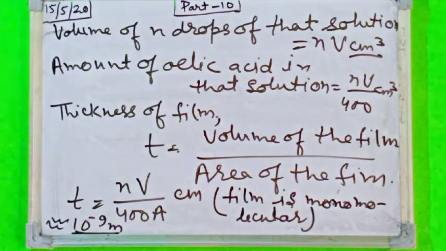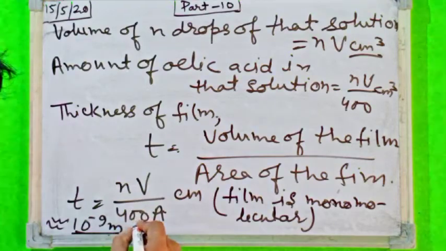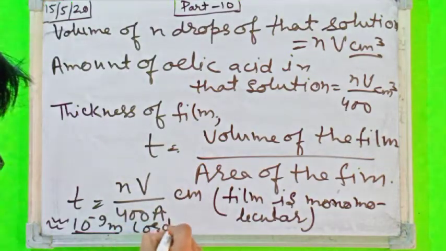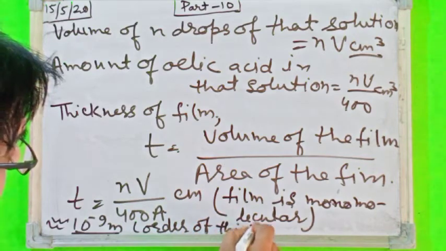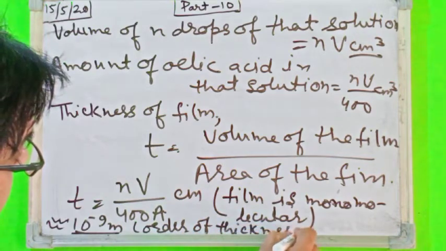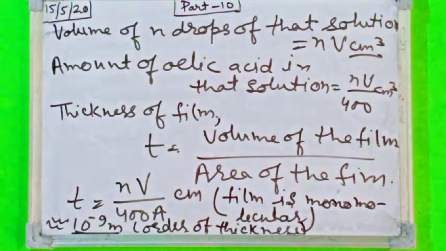This is the technique to find the approximate order of thickness of an oleic acid molecule. This is the order of thickness of the oleic acid molecule, and it is approximately equal to 10 to the power minus 9 meter.